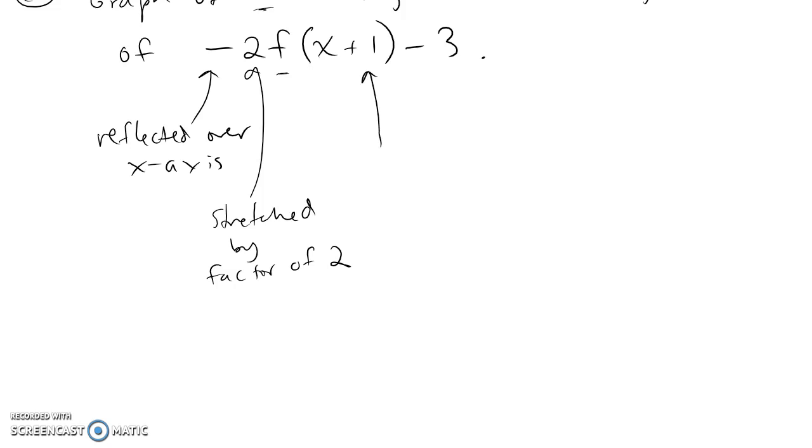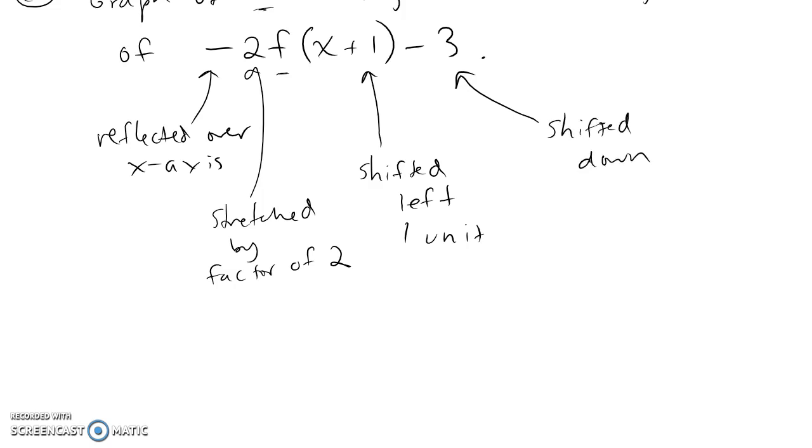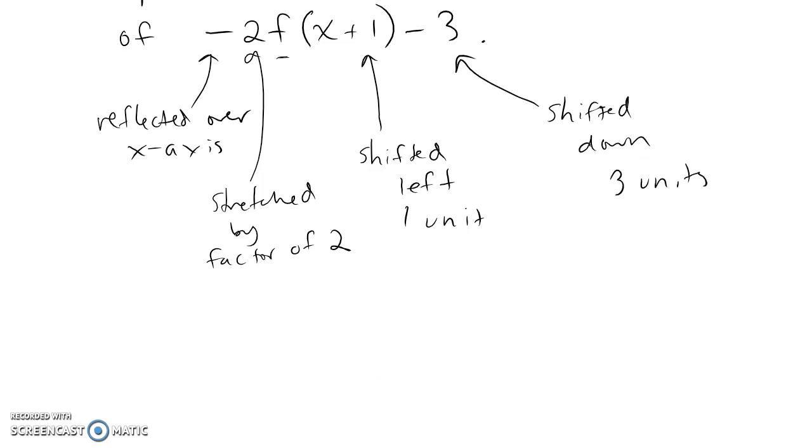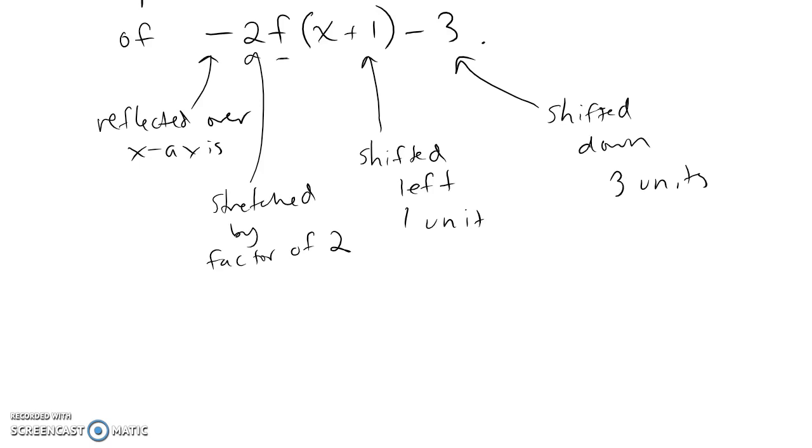This 1 being added to the x says that it's been shifted left 1 unit. And this 3 subtracted from the entire function tells us that it's shifted down 3 units. All right. Now what does our original function look like?